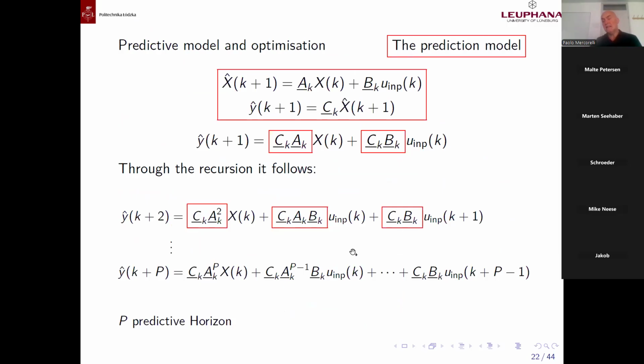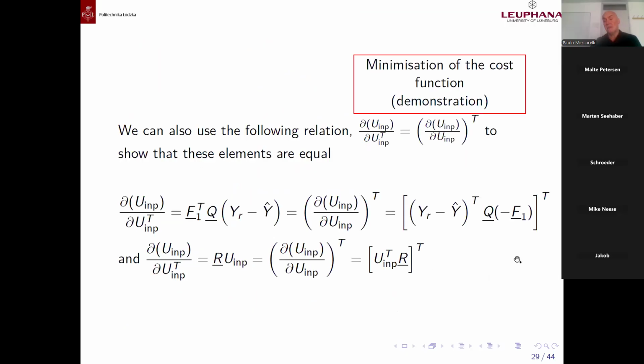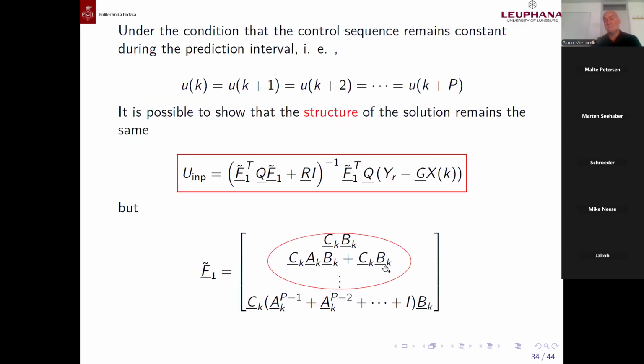If you look here, nothing changes in the first line. If you input k, if you input k plus one, I have to add these two contributions, and so on for the rest.